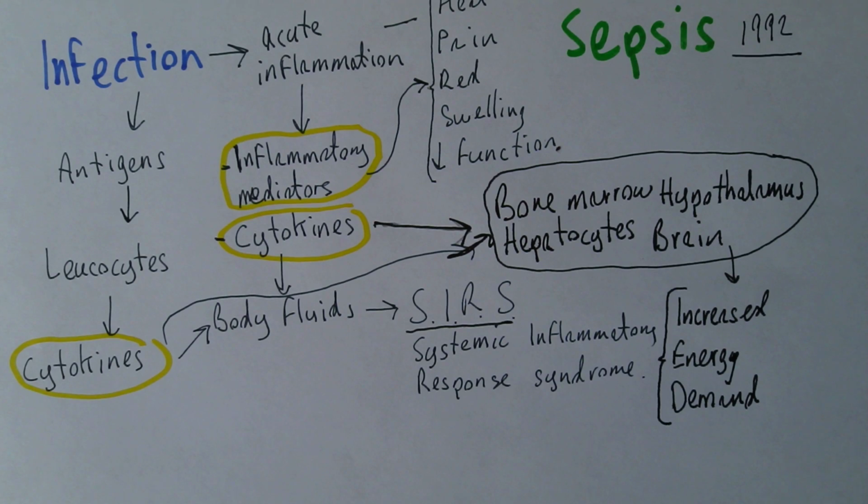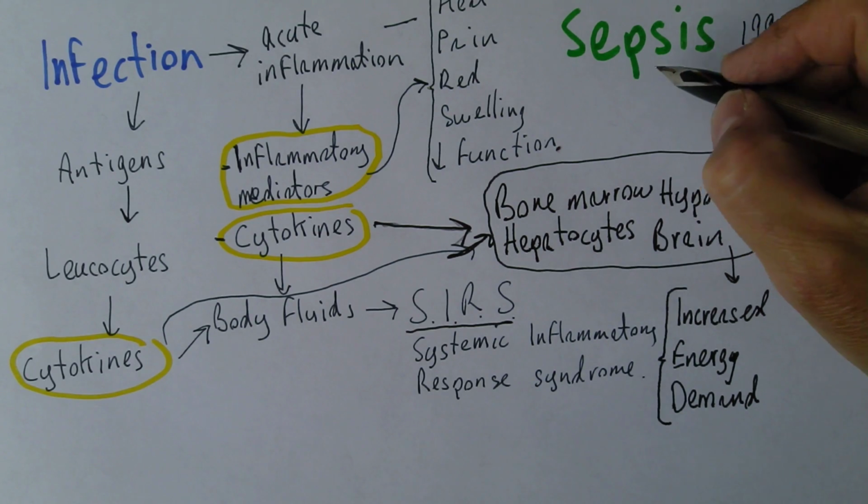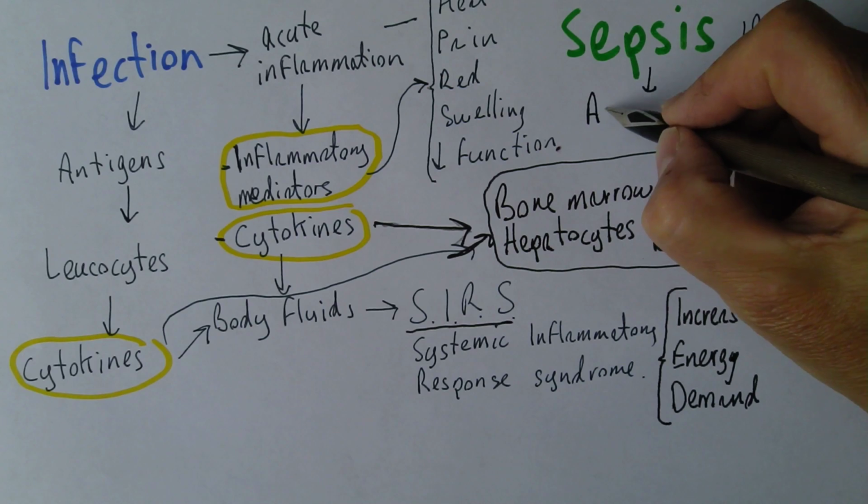So what we want to do in the next slides is look at the bone marrow, the hypothalamus, the hepatocytes and the brain. See why this leads to an increased energy demand and derive the clinical features of sepsis and this acute phase response. So sepsis is really an acute phase response.